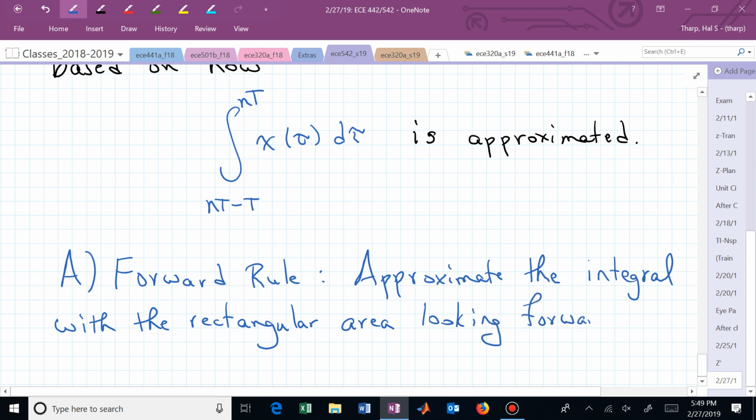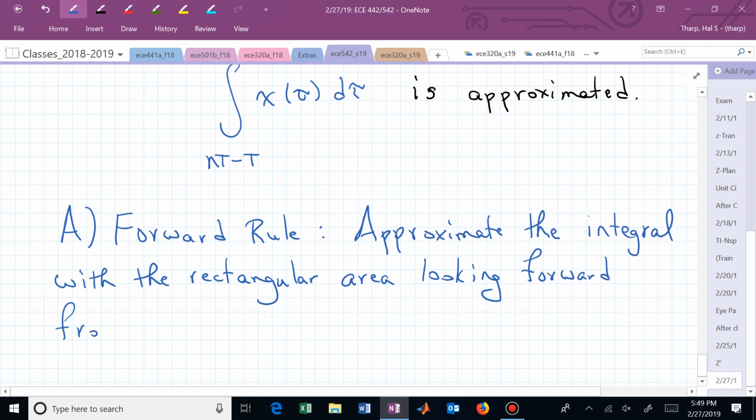There's where the name comes from. Looking forward from the value of x at that sample period, one sample period before little t, or n minus 1 times capital T.